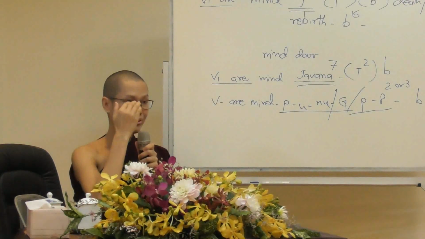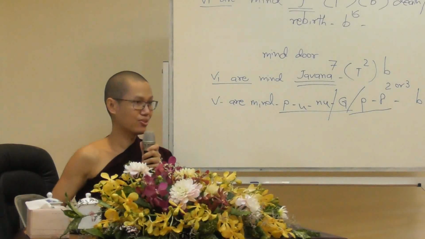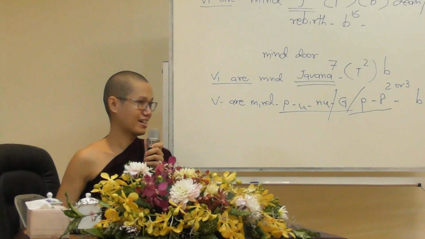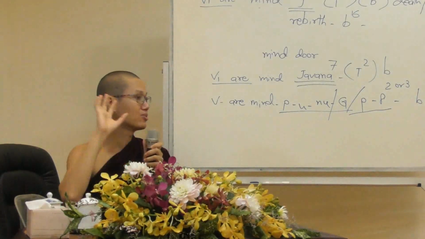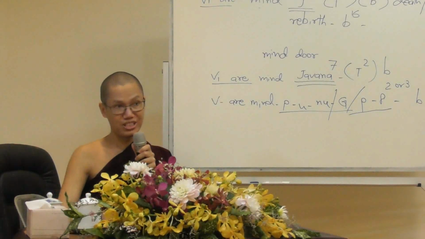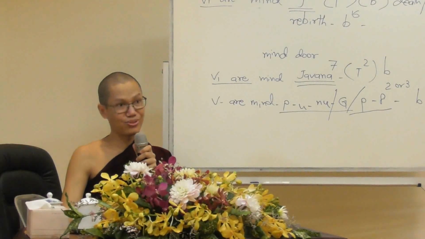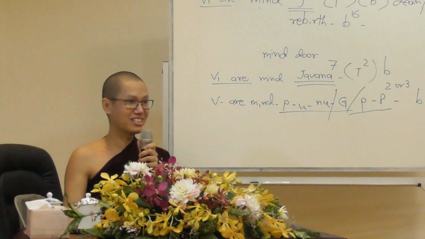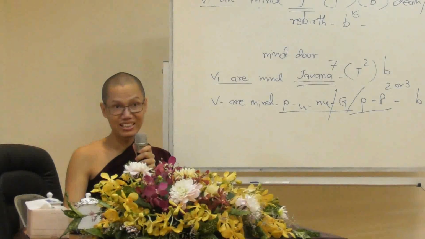Eye sensitivity also arises and perishes. It is also not I, not mine. Eye consciousness also, once you listen, there is no more seeing. It is also arising and perishing. So what do you say, I see? Who is seeing? Seeing is just seeing.